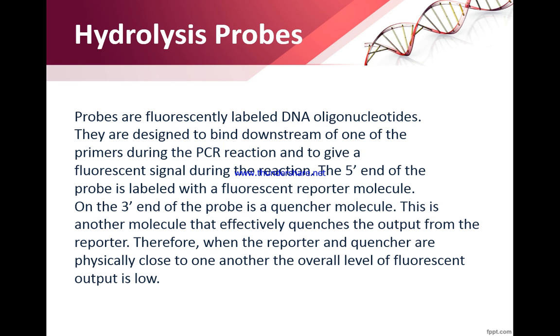This is another molecule that effectively quenches, meaning it absorbs the light or energy produced by the fluorescent reporter molecules. So we will see no light or fluorescence output from the reporter. Therefore, when the reporter and quencher are physically close to one another, the overall level of fluorescent output is low.